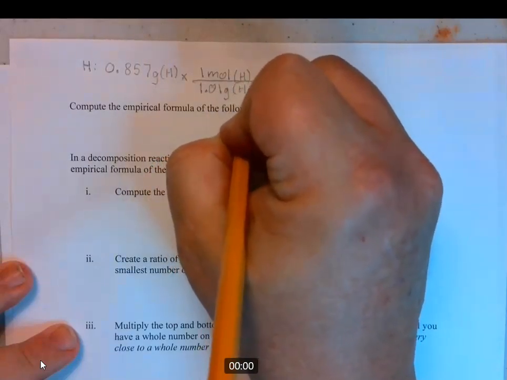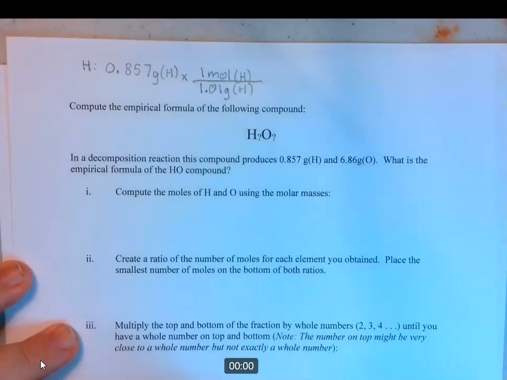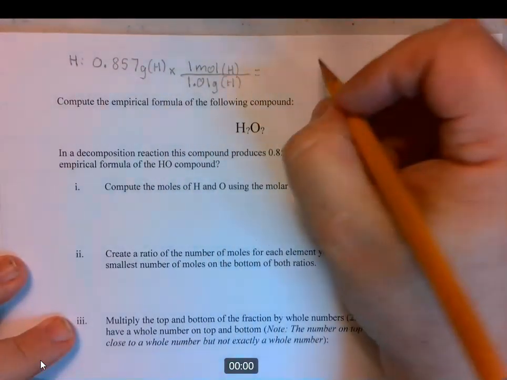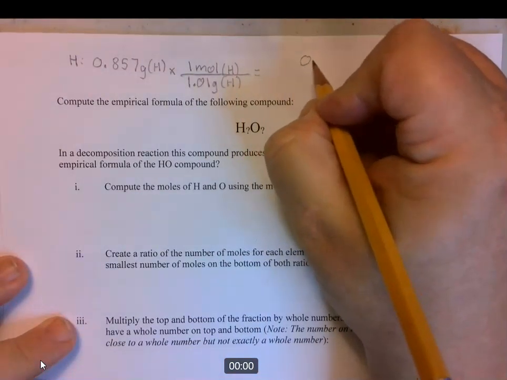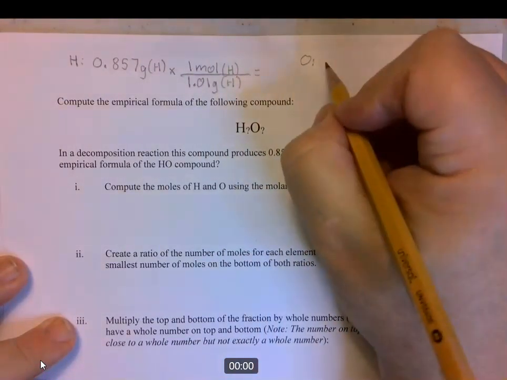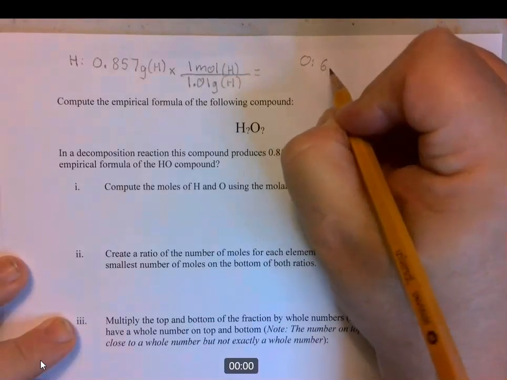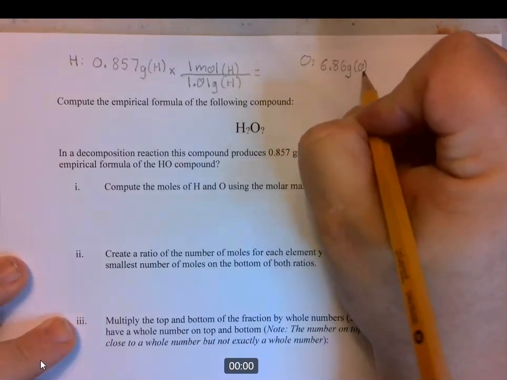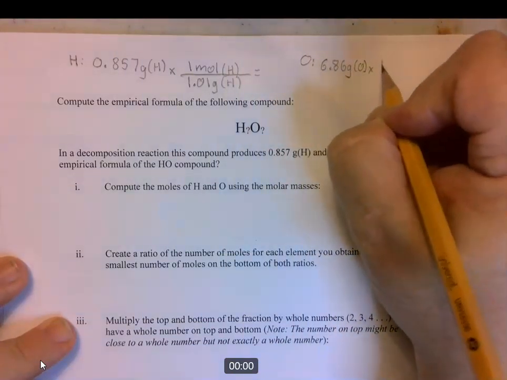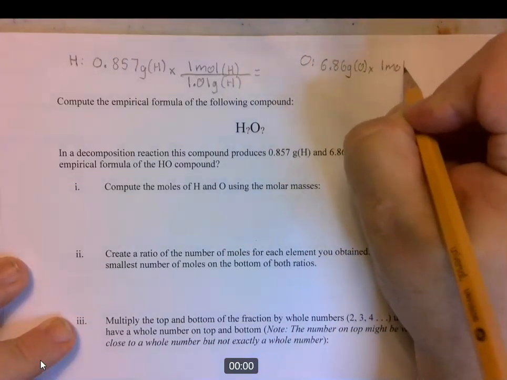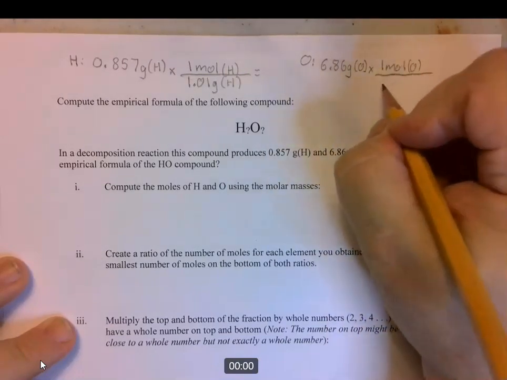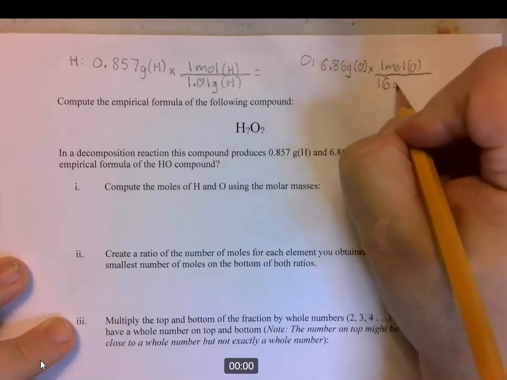So 1.01 grams per mole is the molar mass of hydrogen. For oxygen, we'll do the same thing over here. We have 6.86 grams. And look at your periodic table, 1 mole of oxygen is 16 grams.